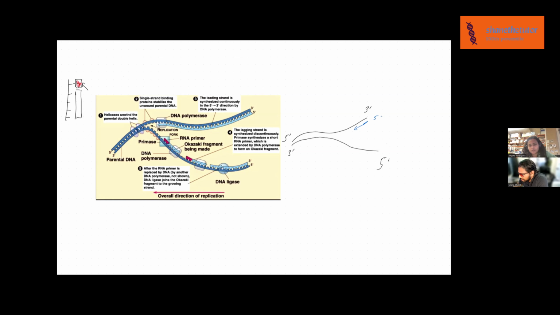So the leading strand here is just going from 5 to 3, whereas the lagging strand is going to go in this direction. And you can imagine, it's starting off here at the 5 end, so this is going to be the 3 end here.